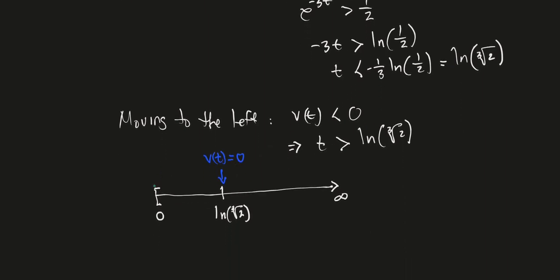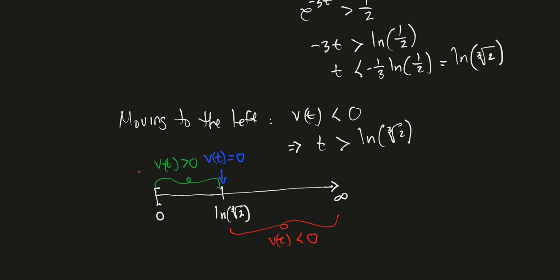So in this interval here, v of t is positive, right? And then once you go past this value of t, for t greater than the ln of the cube root of 2, your velocity is negative. So maybe I'll put it down here. So your v of t is negative, right?